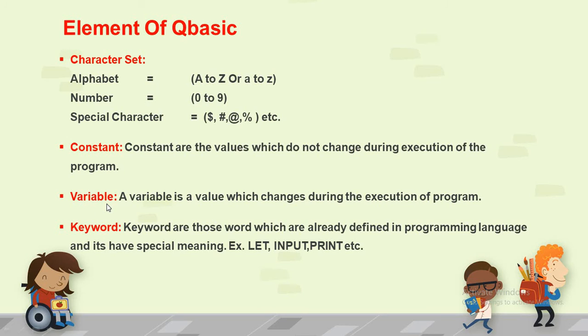We have already seen the variable in our program. Keyword. Keywords are those words which are already defined in the programming language and have special meaning. They are also called reserved words. Some keywords used in QBasic are CLS, LET, INPUT, PRINT, etc.